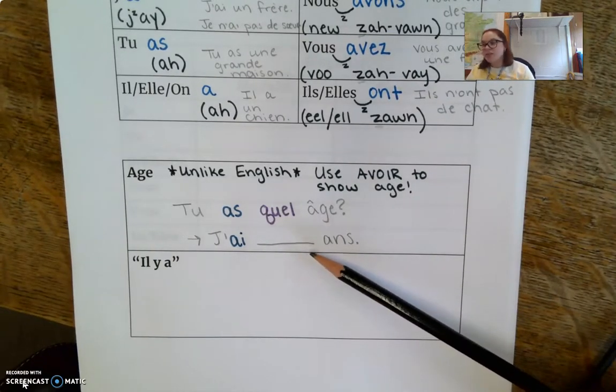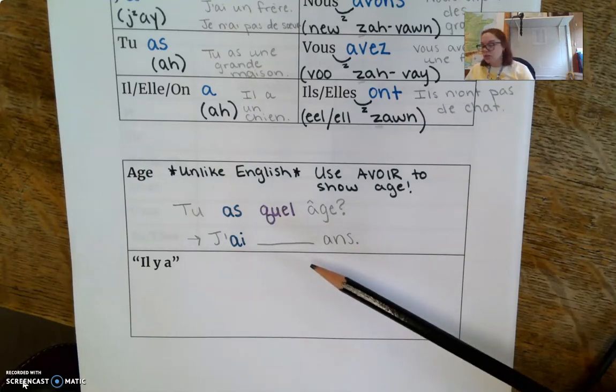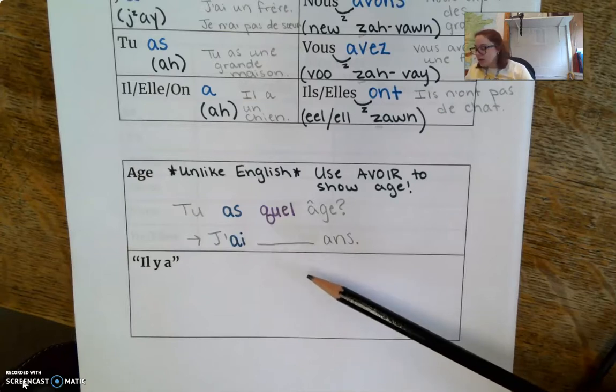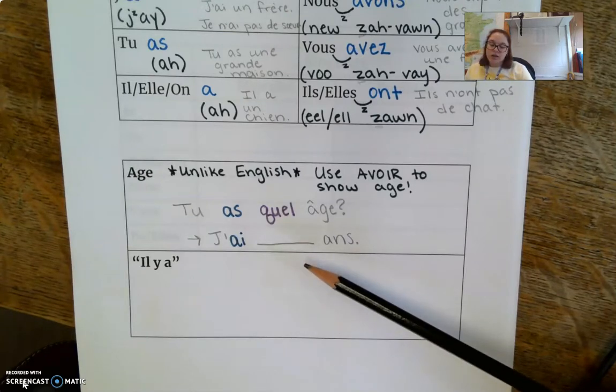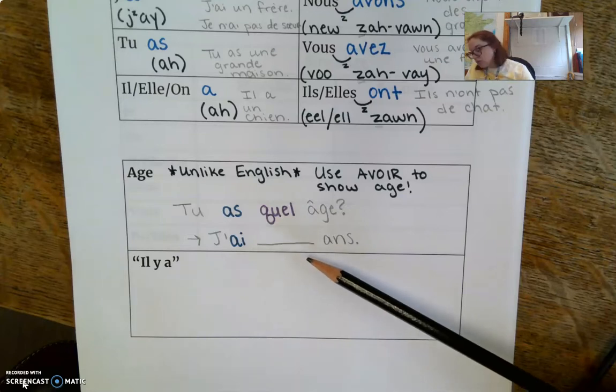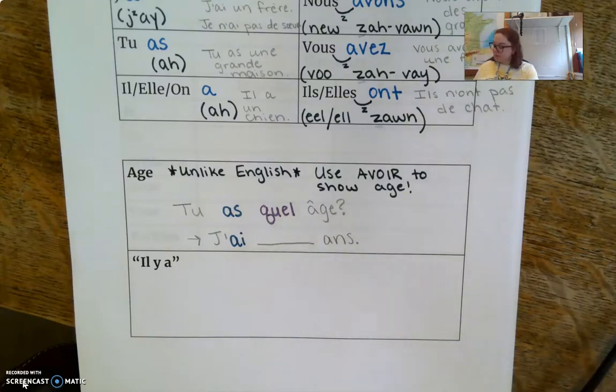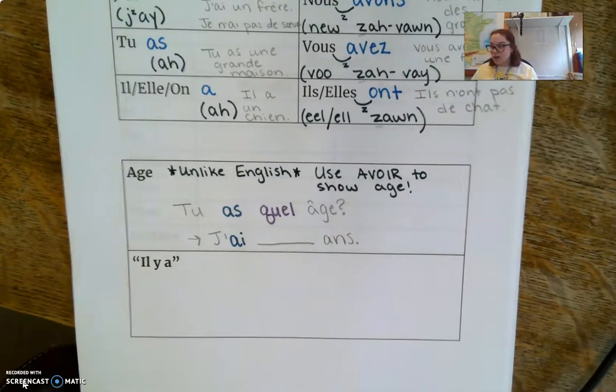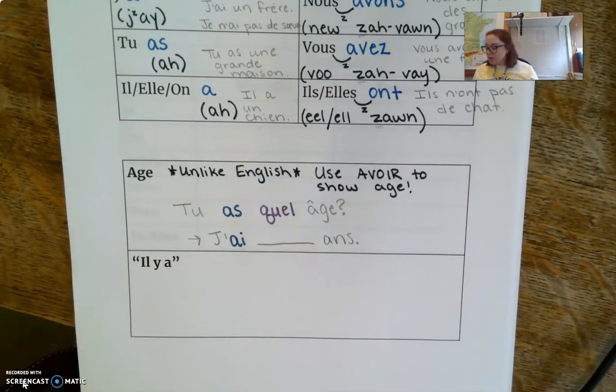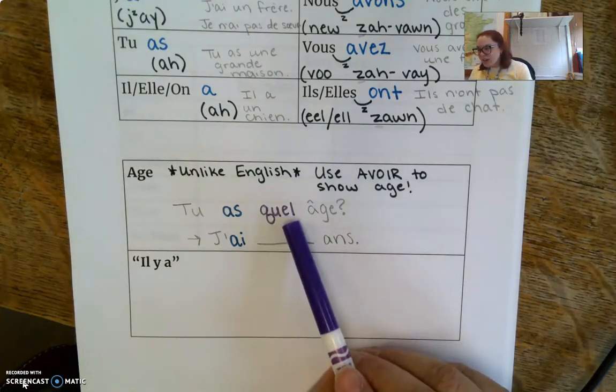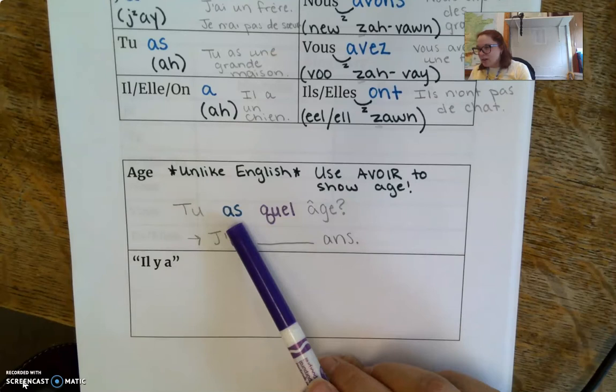My dog Alice, if she could speak French, she would say j'ai 3 ans. She's 3. My grandpa would say j'ai 90 ans. He's 90. So that's how we can use avoir to express our age. And so we remember that when you're asking somebody their age, you're going to use the question word quel. You're going to use the verb avoir in that question as well.